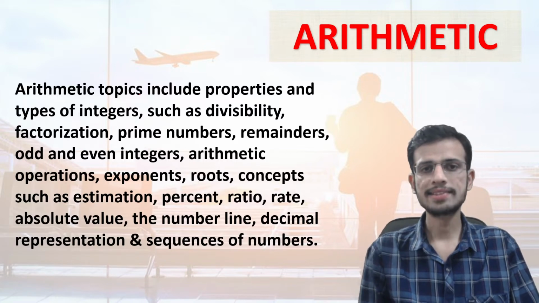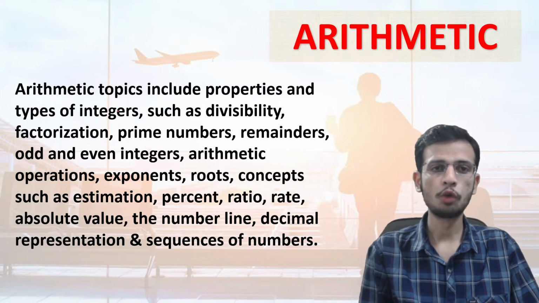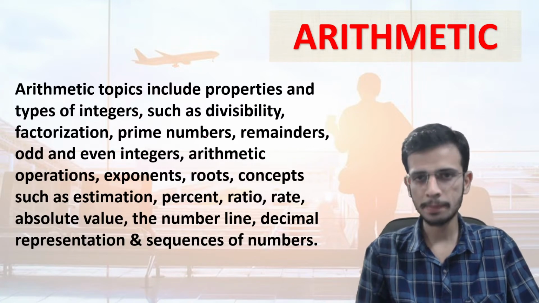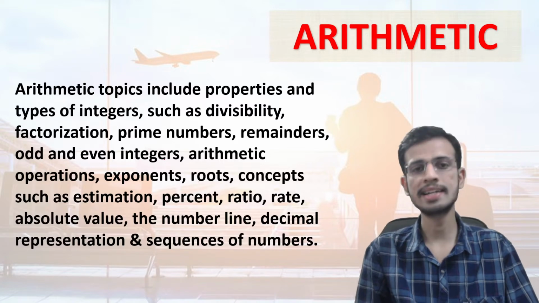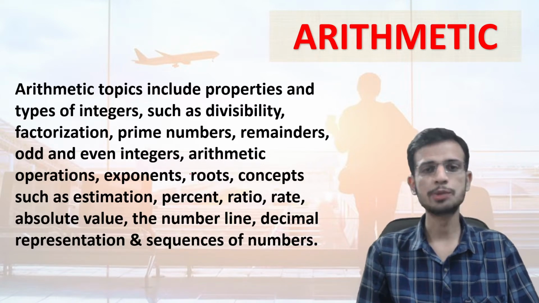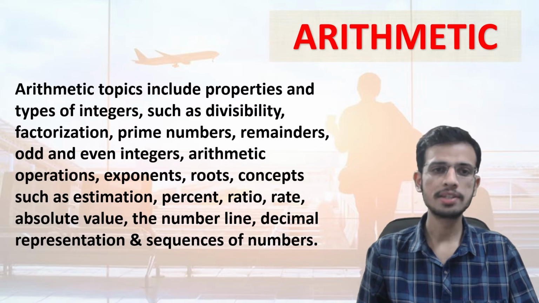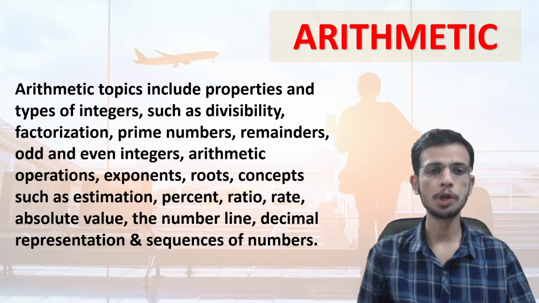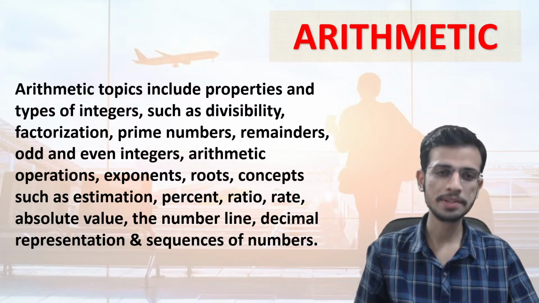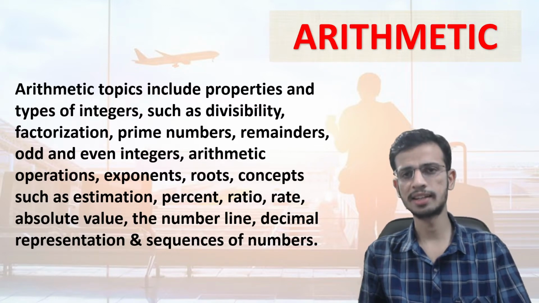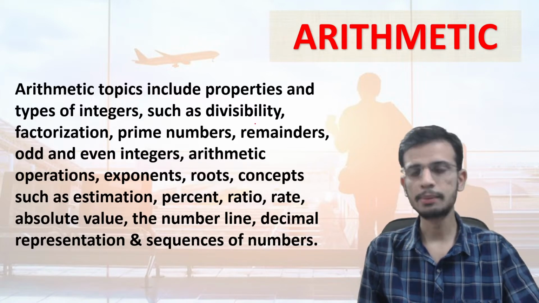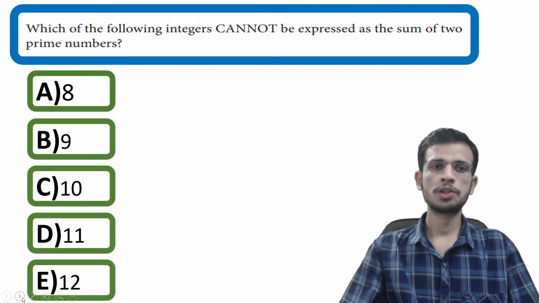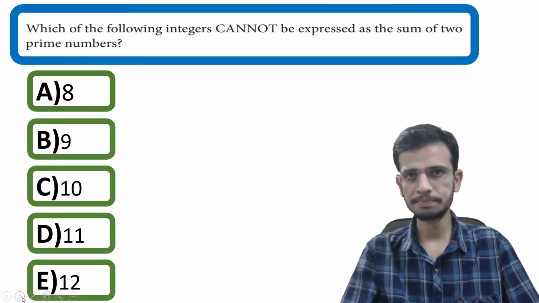Arithmetic topics include properties and types of integers such as divisibility, factorization, prime numbers, remainders, odd and even integers, arithmetic operations, exponents, roots, concepts such as estimation, percent, ratio, rate, absolute value, the number line, decimal representation, and sequence of numbers. We are going to discuss questions from all the subtopics. So here is your very first question on your screen.